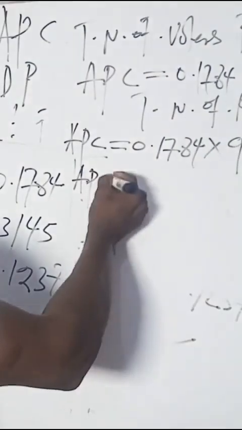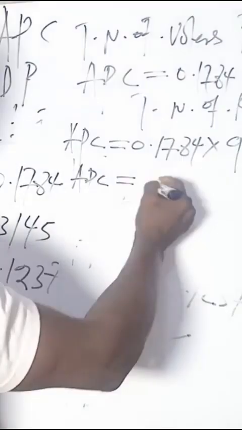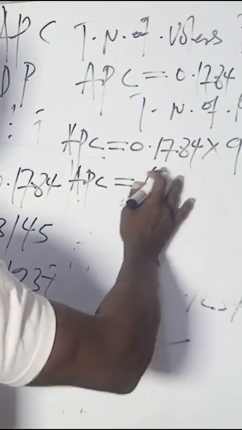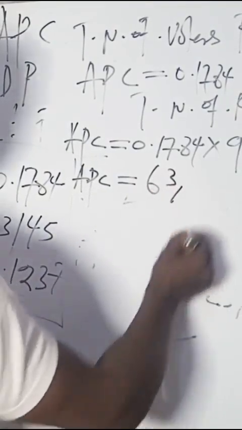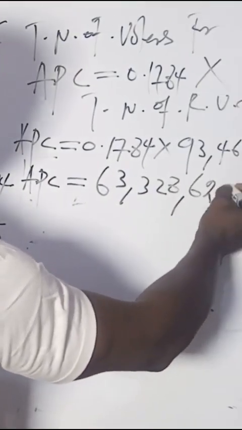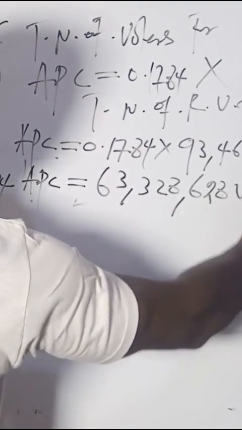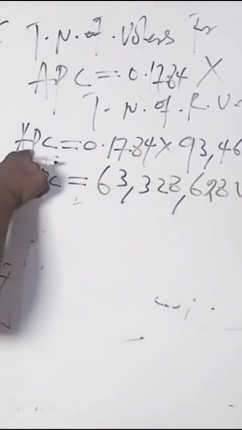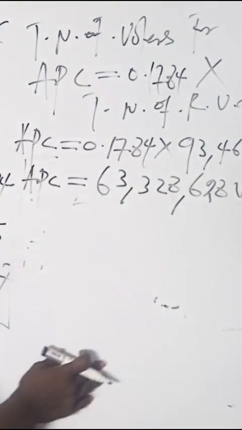By the time you press your calculator, we obtain 63,328,628 votes, which is attributed to the APC.